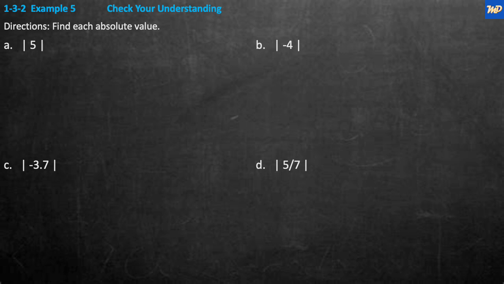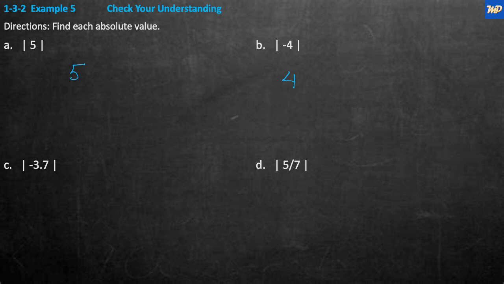A, what is the absolute value of 5? The absolute value of 5 is 5. B, what is the absolute value of negative 4? Well, how many units is negative 4 from 0? It's 4 units. Its distance is 4 units from 0. How about C, the absolute value of negative 3.7?